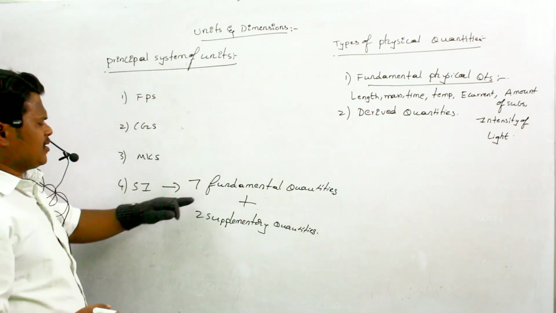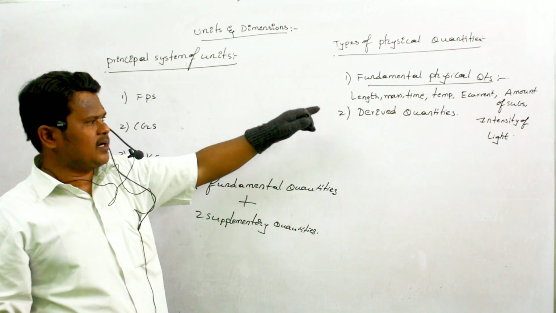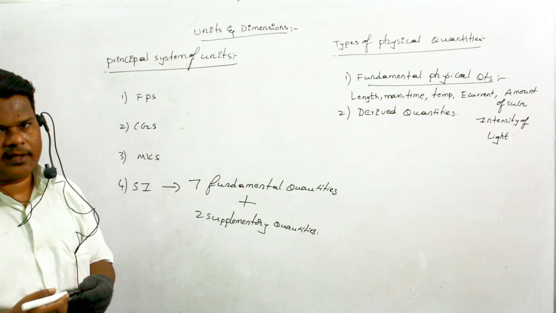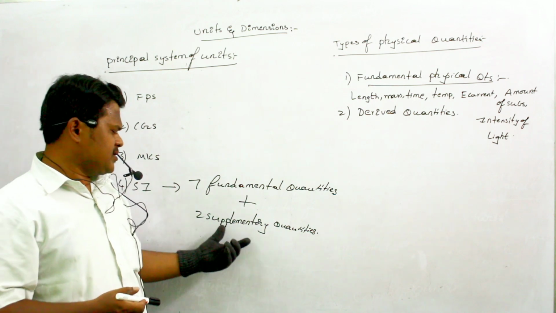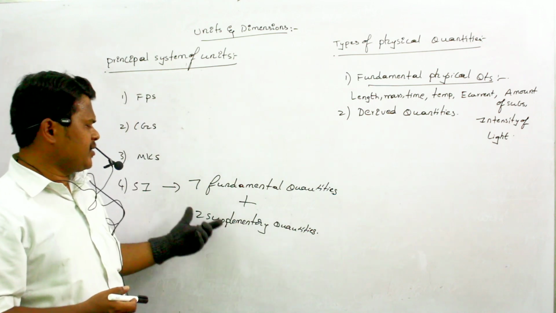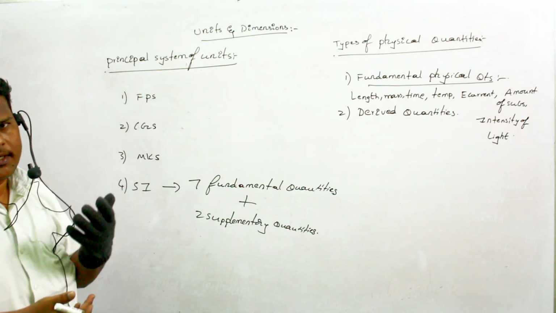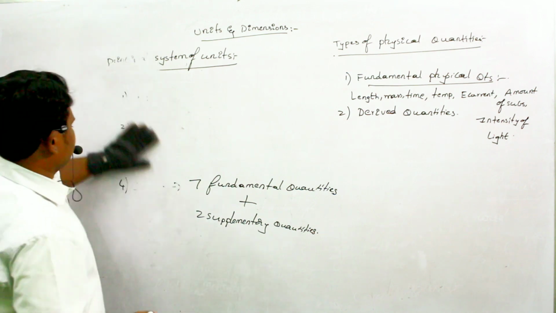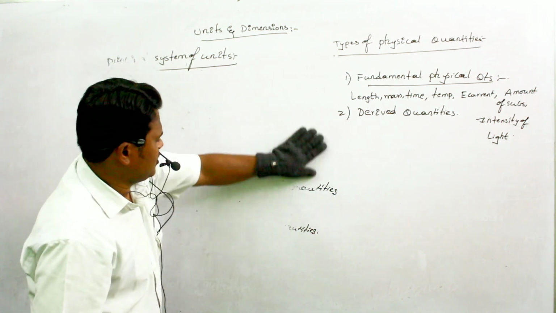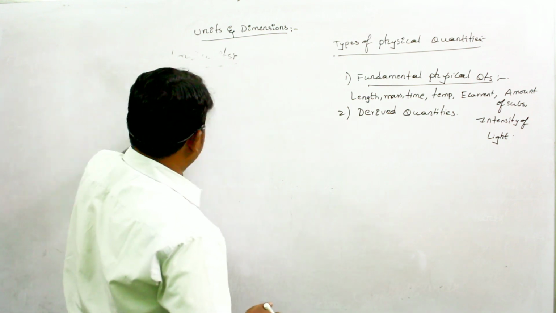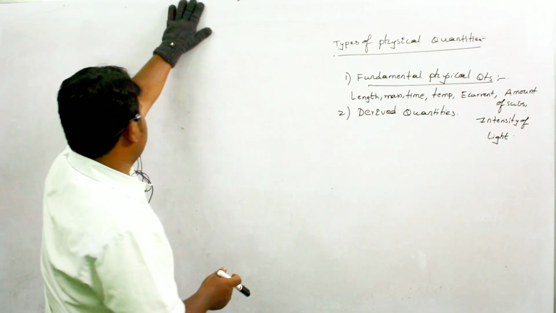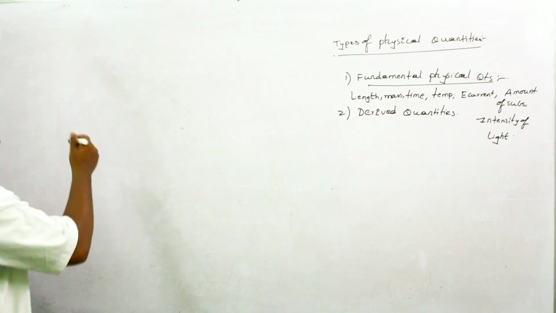The 7 fundamental quantities we have already defined: length, mass, time, temperature, electric current, amount of substance and intensity of light. Now let us see the 2 supplementary quantities defined in the SI system. Out of the 2 supplementary quantities, the first one is plane angle.